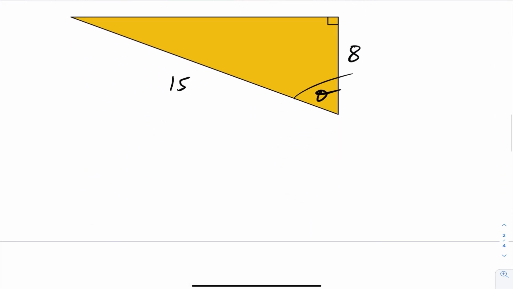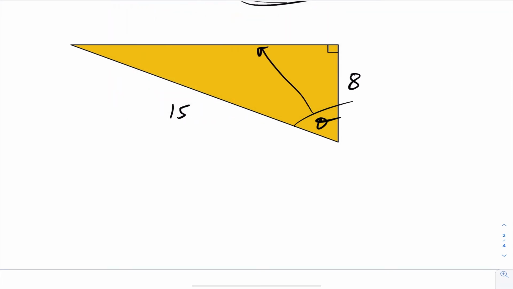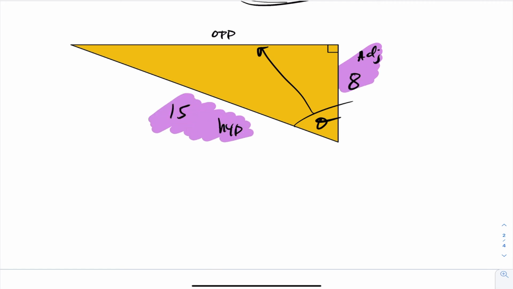Okay, let's try that again. Directly across is my opposite. Across from the 90 is my hypotenuse, and the leftover is my adjacent. I'm looking to solve for the angle here, theta. I'm given the A and the H. This is going to be a cos question. So the cos of theta equals my adjacent over my hypotenuse.